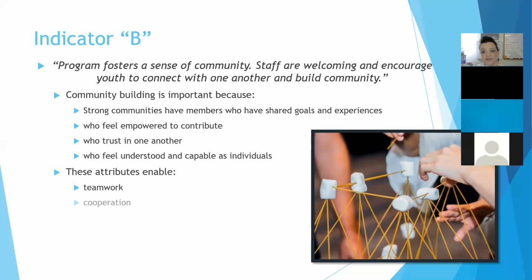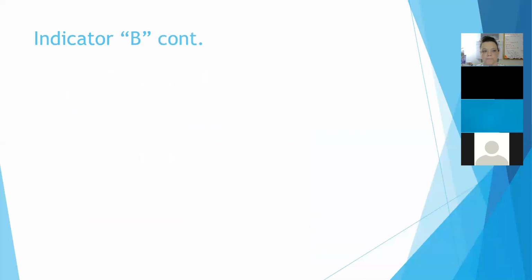Because we want them to know how to do teamwork and cooperate, negotiate, right? We kind of forget that as a skill that they learn. And I say draw on one another's skills, but that also means ask for help. Learn what they're good at, learn what others are good at, and then build that teamwork and cooperation, right? Those are skills we learn through community.